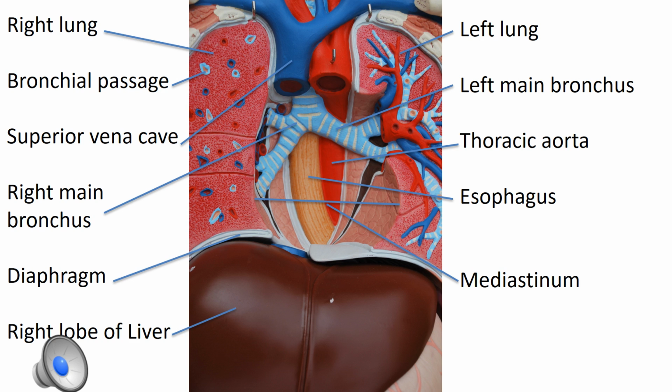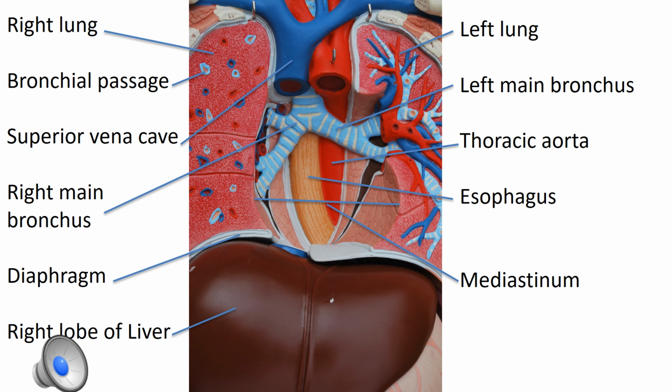The diaphragm is at the bottom, and the right lobe of the liver, and the left lobe of the liver on the left side, of course. We notice the left lung, the left main bronchus, and then we see the thoracic aorta. So after the aorta has left the left ventricle, it arches up and round and then goes back down behind the left main bronchus.